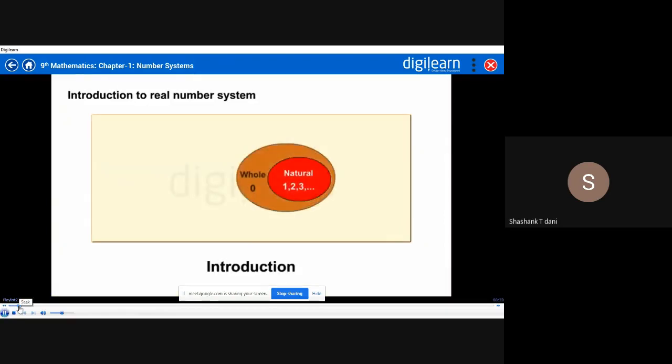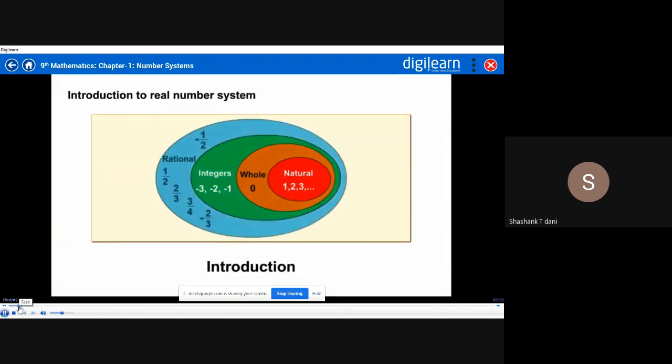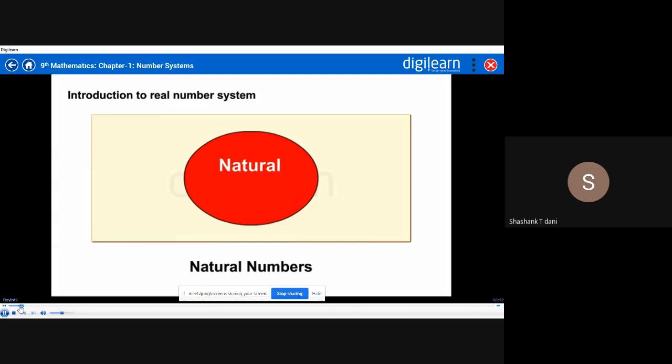Introduction to real numbers. Let us recall the different number systems that evolved, starting with natural numbers. The counting numbers are called natural numbers, N equals 1, 2, 3. Listen, children.